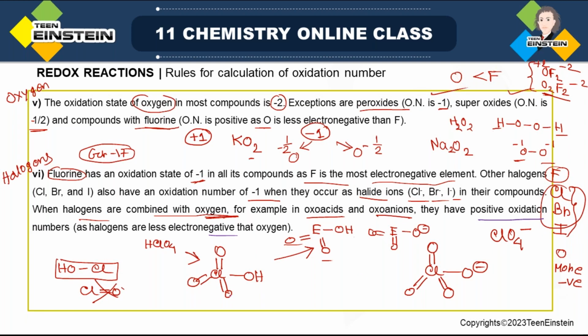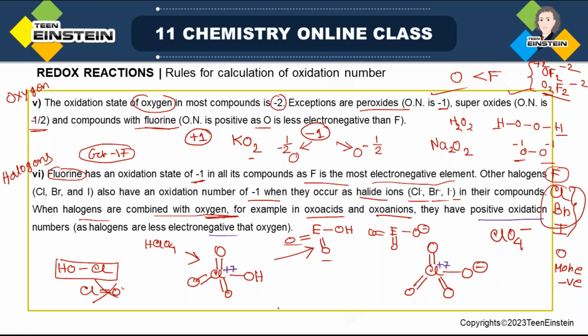Here the oxidation number is very easy to calculate. How many chlorine-oxygen bonds are there? In total 1, 2, 3, 4, 5, 6, 7. So here the positive oxidation state will be +7. Similarly here also, hydrogen is removed, but you still have 7 chlorine-oxygen bonds, so it will be +7.